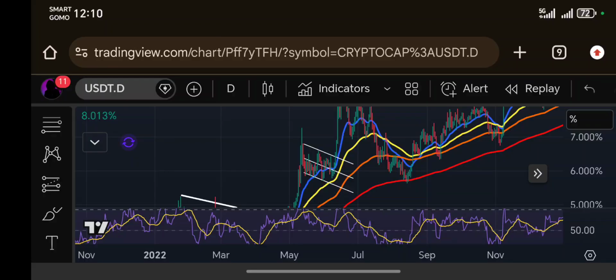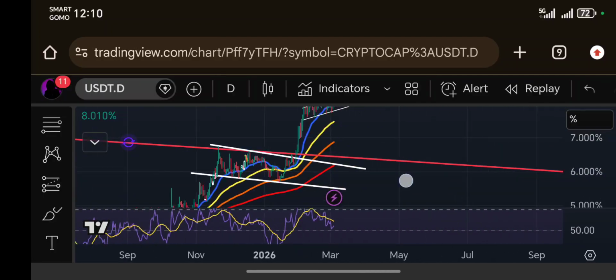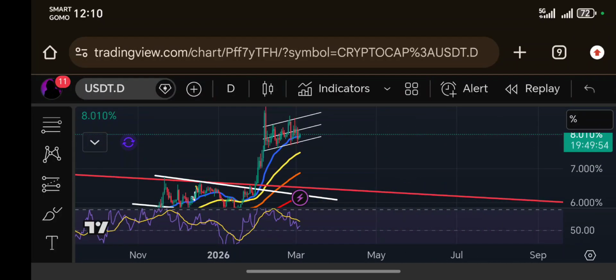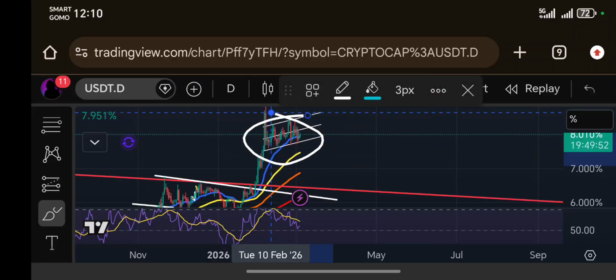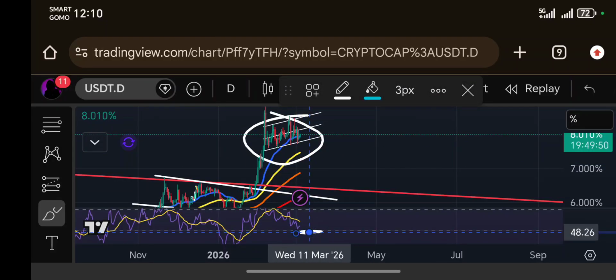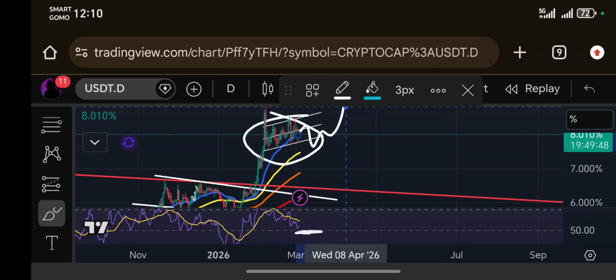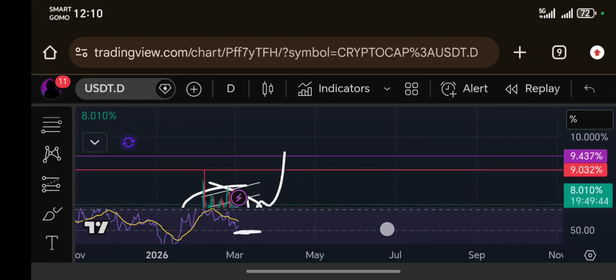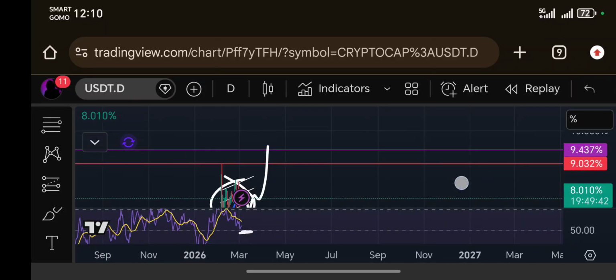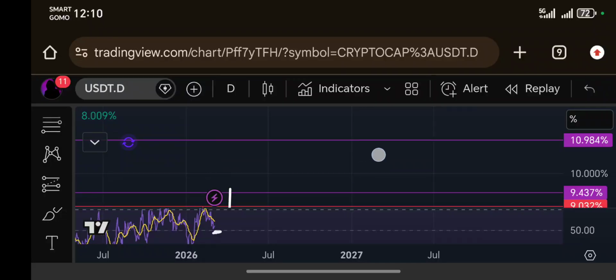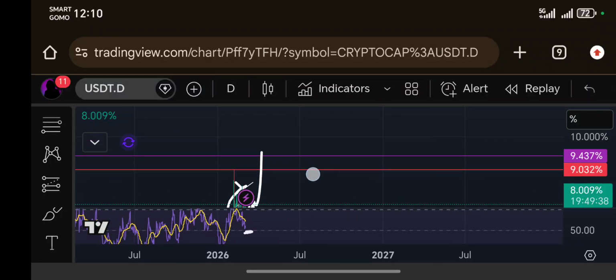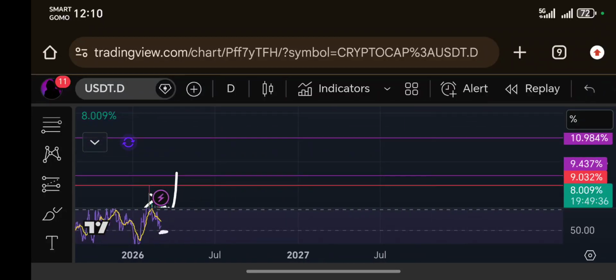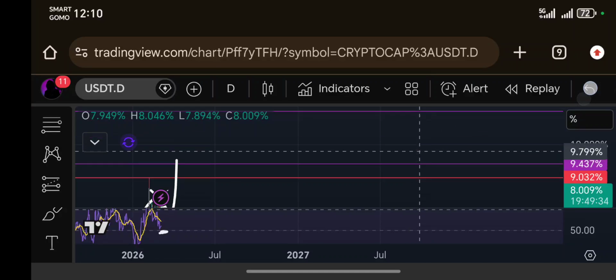So if we're gonna do the same right here right now, we're gonna see some bounce here, then we're gonna see something like this. Something like that, and it could go as high as this 10.98 area, somewhere around here.